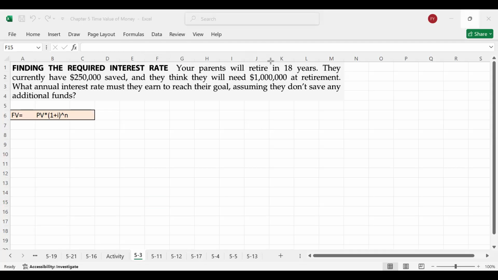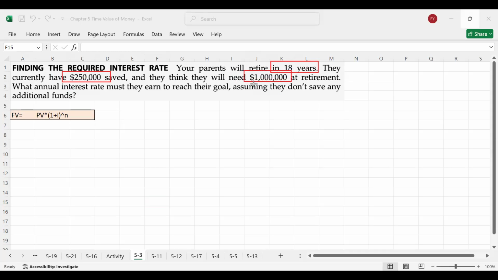Time period is given as 18 years, as your parents will retire in 18 years. They currently have $250,000. So this is the present value, and they think that they will need 1 million at retirement.